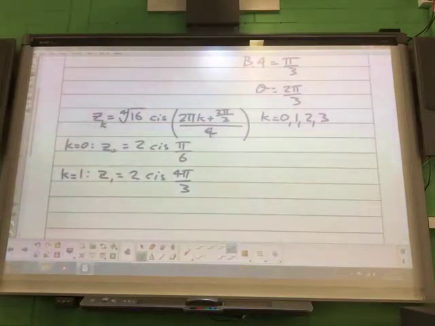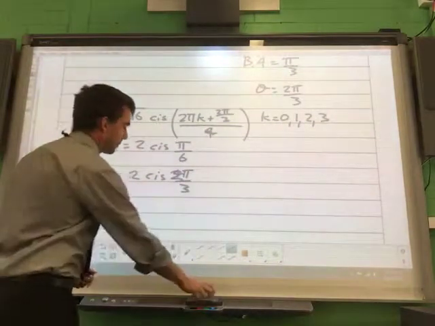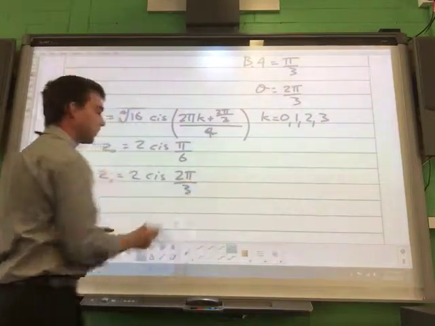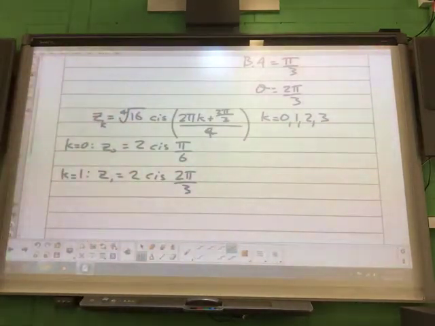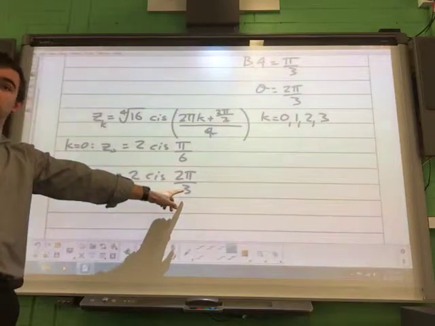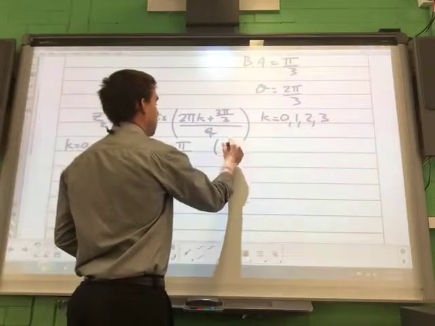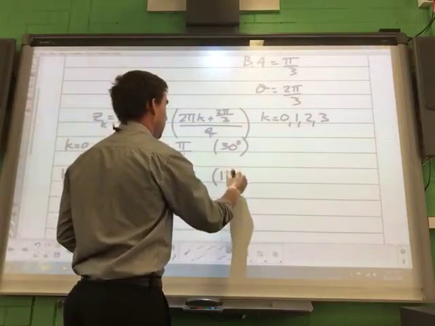We've done 2 pi plus 2 over 3, it becomes 6 over 3, 8 over 3, 8 over 12, that's 2 pi on 3. 8 pi on 12 is 2 pi on 3. So pi on 3 is 60 degrees. 60 times 2 is 120. So this is 30 degrees and this is 120 degrees.